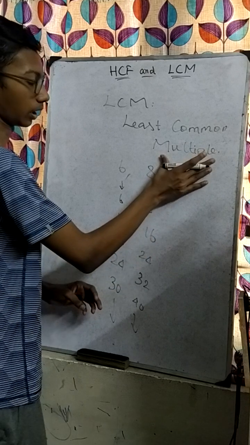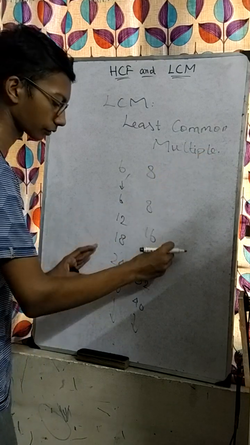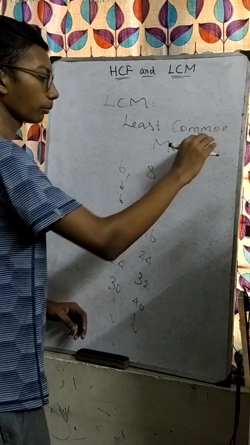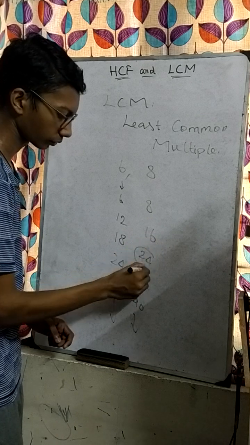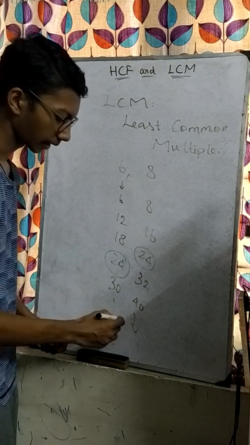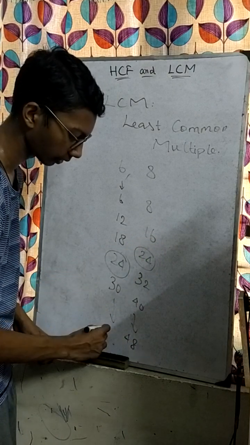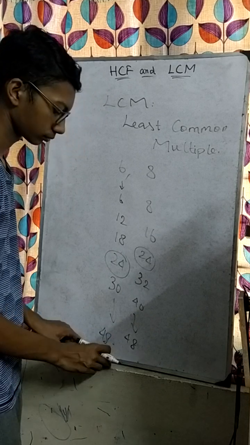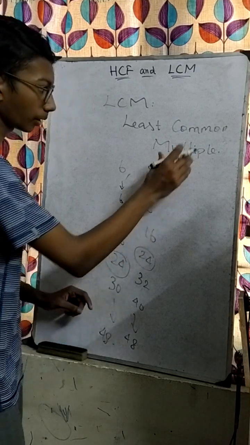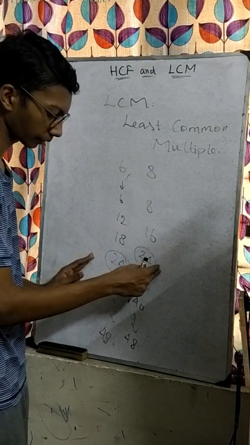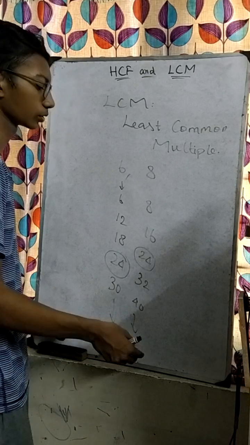So what we have done is, we have found the multiples of 6 and 8 here. The common multiples are 24, and then if we add one more step here, we will have 48. So the common multiples of 6 and 8 are 24, 48, and it will go on.